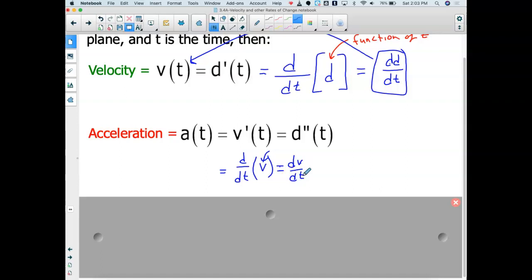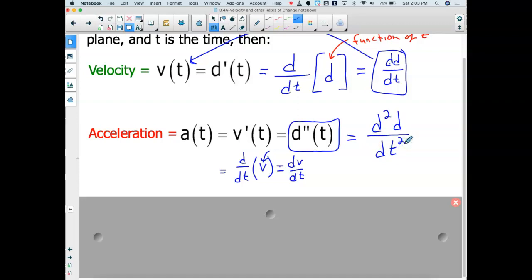Now, if I really needed to figure out the second derivative, because second derivative notation can come in a few different ways, this really is d squared d over dt squared.